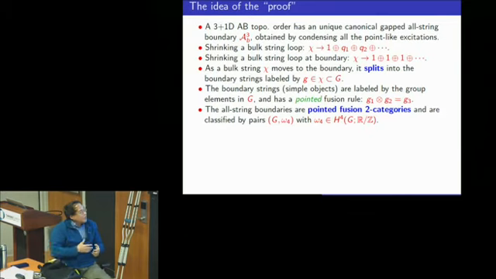Actually, the proof is very much like a proof of Tannaka duality. So the string fusion on the boundary and the representation of a bulk particle are actually coming from the same group.